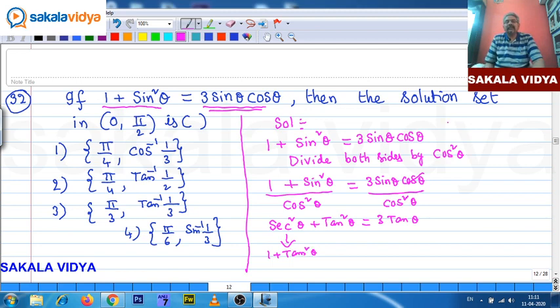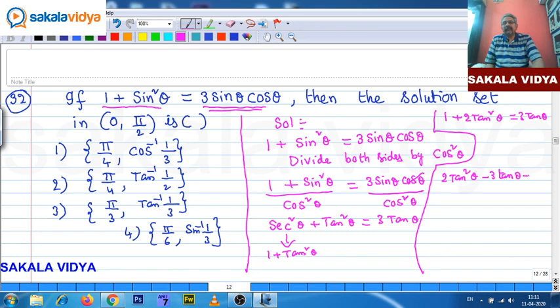Now we get like this: 1 plus 2 tan square theta equals to 3 tan theta. So 2 tan square theta minus 3 tan theta plus 1 is equal to 0.